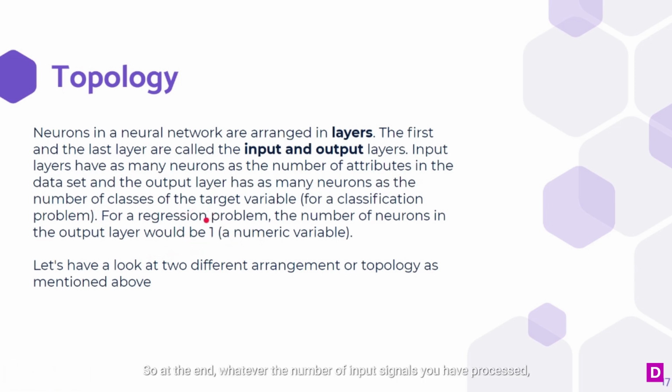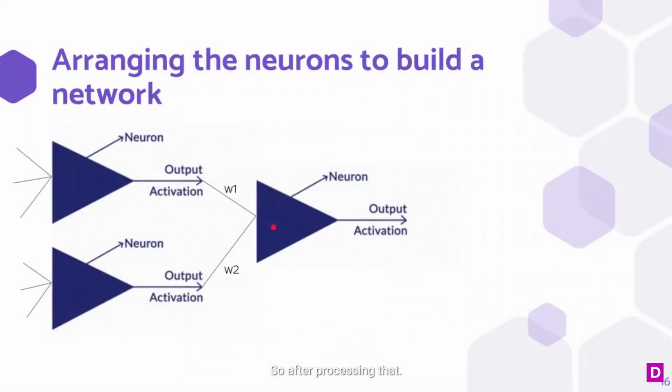So at the end, whatever the number of input signals you have processed, the end task is to identify what this particular object is. After processing, okay, I have seen it has a camera, screen, charging input, etc. I will arrive at one single common decision, that it is a mobile phone. In that case, the topology would be exactly like this.